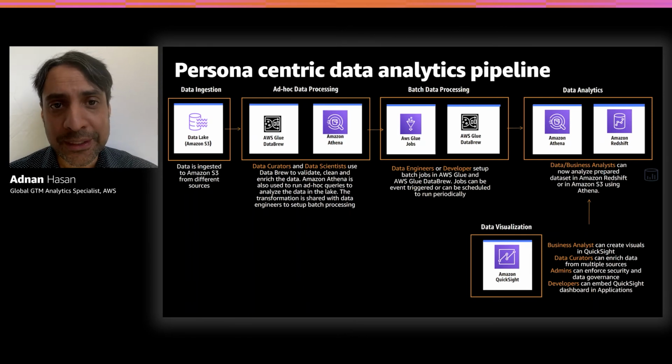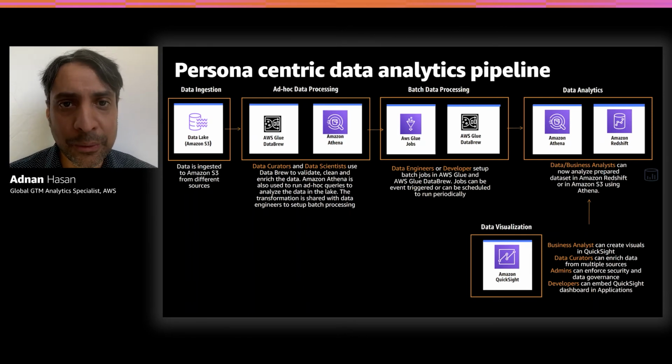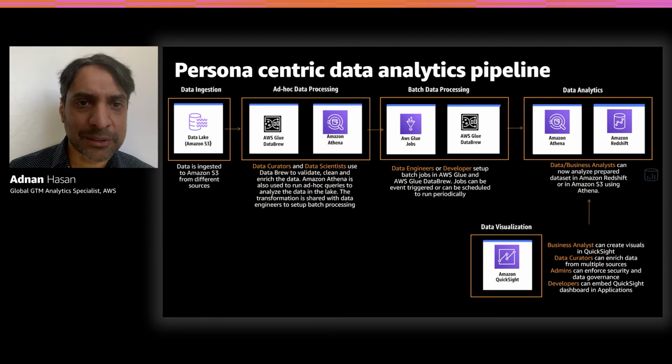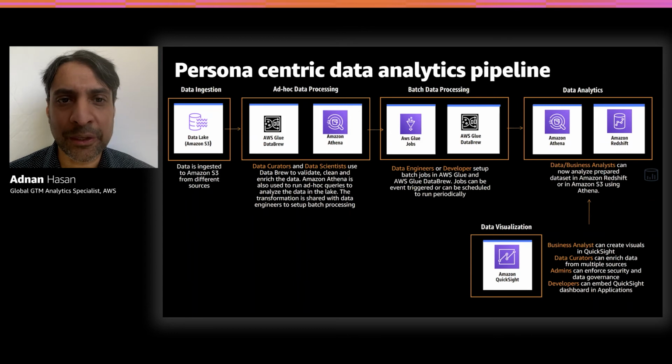For them to do this, they need some ad hoc tools. Now, some data curators are not developers, so it's not easy for them to write code. They understand SQL a lot better, and they are happy to use basic visual tools.